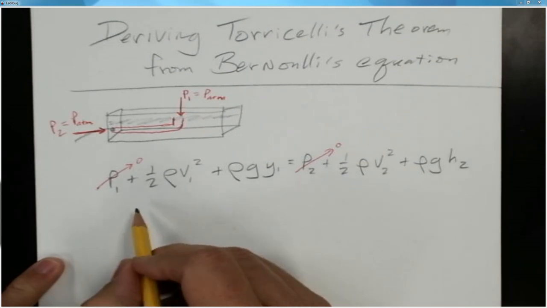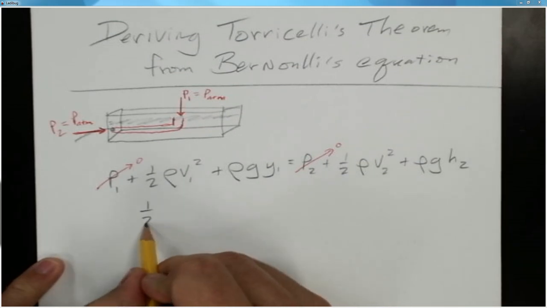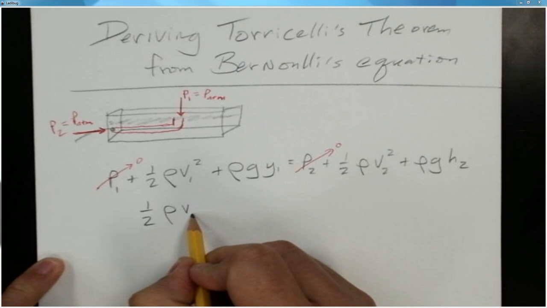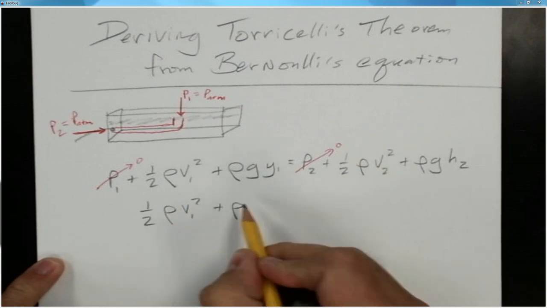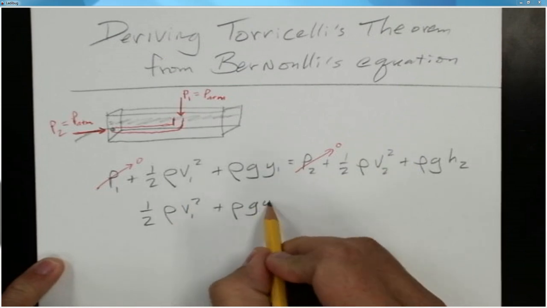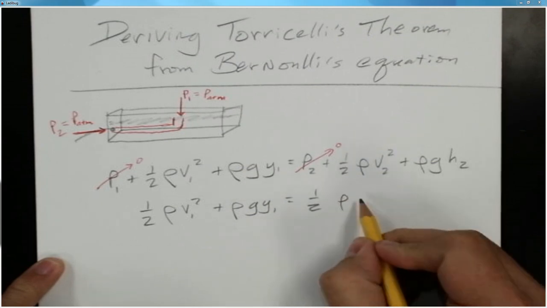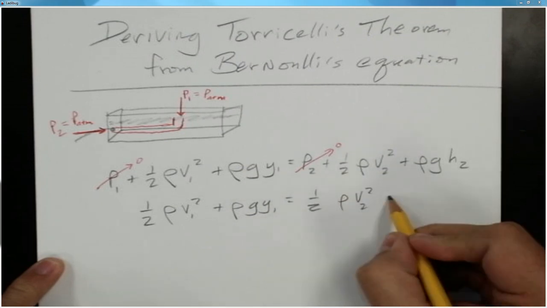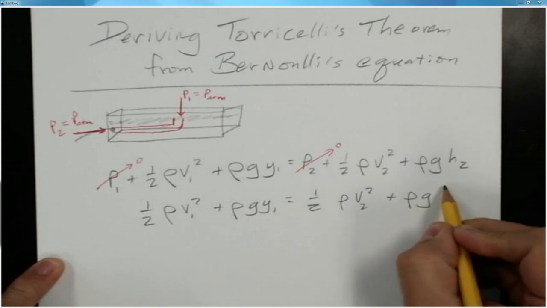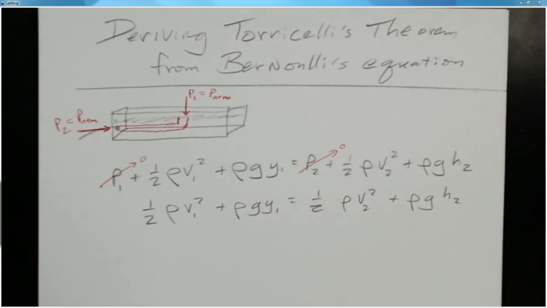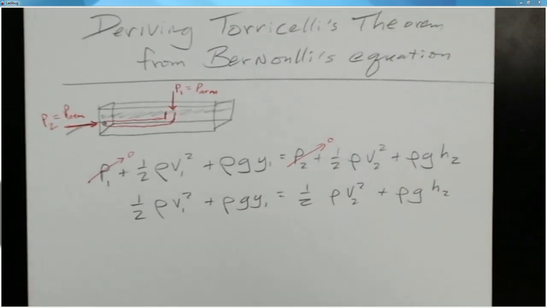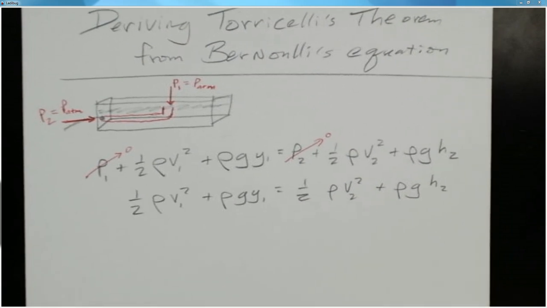So then Bernoulli's equation simplifies down to this. You've had algebra. You're all bright, mathematically inclined people.